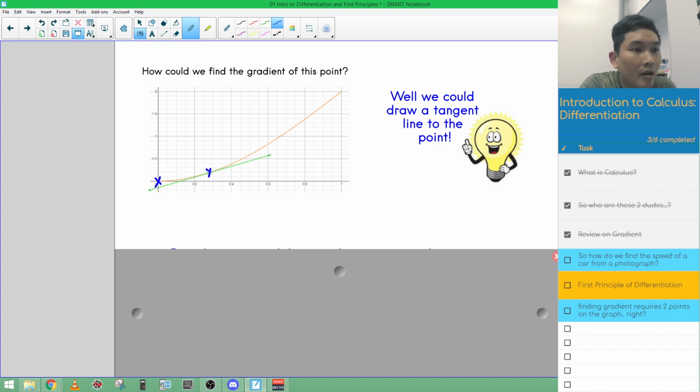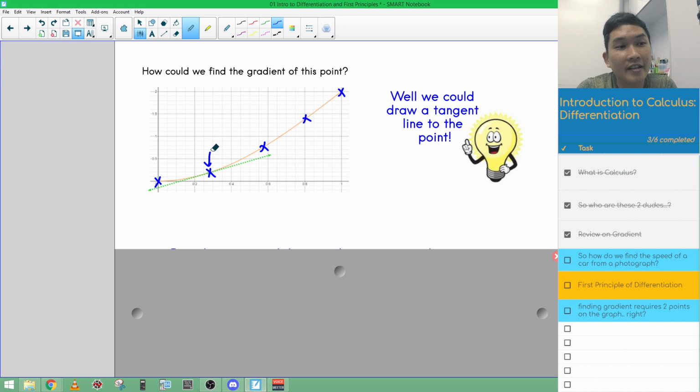So here's point number 1, point number 2, 3, 4, and 5, for example. Then we use a French curve or a flexible ruler, and we drew a smooth orange curve over here. And now we want to find the tangent to, say, this point over here.